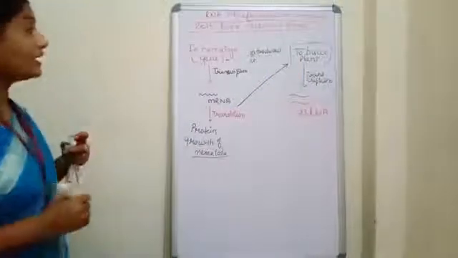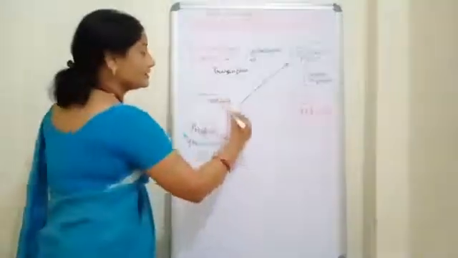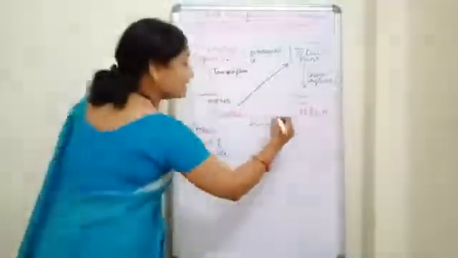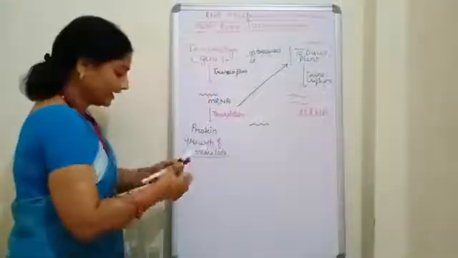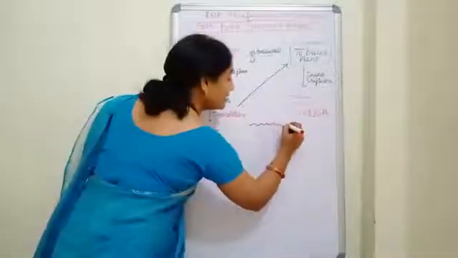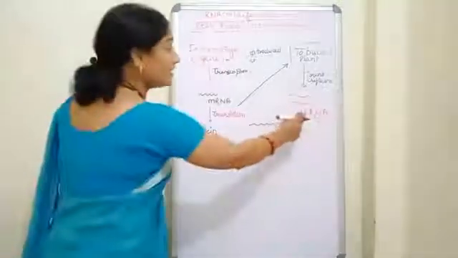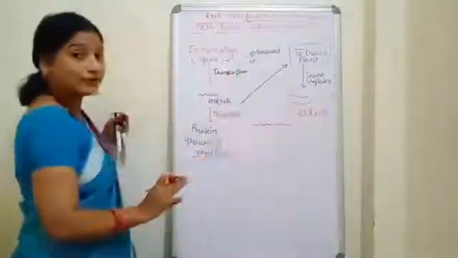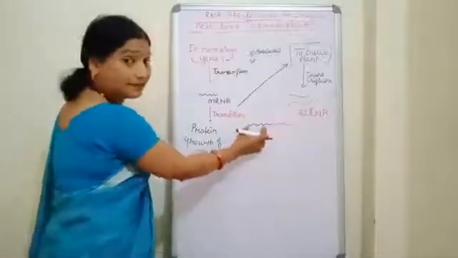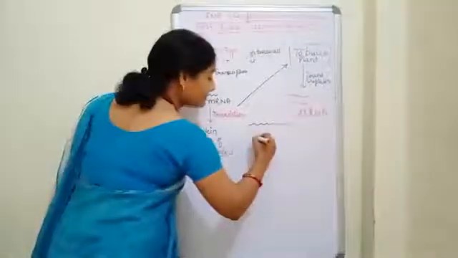And as soon as the nematode feeds on the tobacco plant, this mRNA will be silenced by dsRNA. The dsRNA will identify that this mRNA is of its own body, because the dsRNA is from the nematoda's body only. So this dsRNA will identify the mRNA and bind to it.